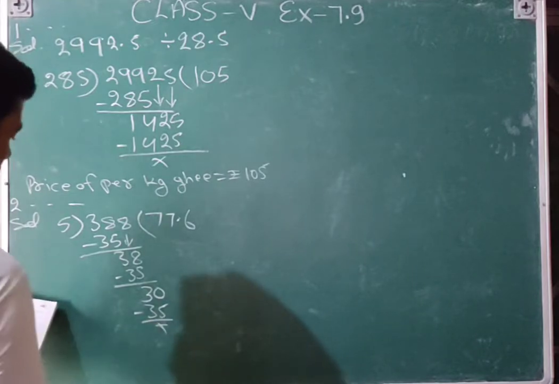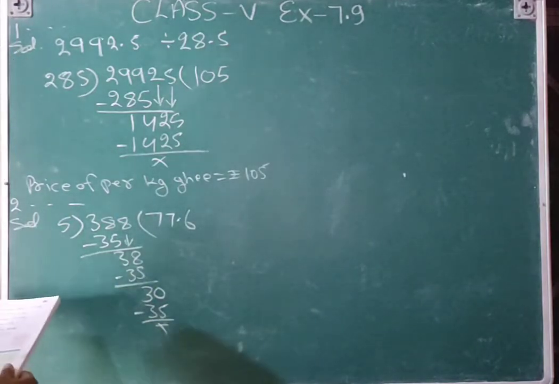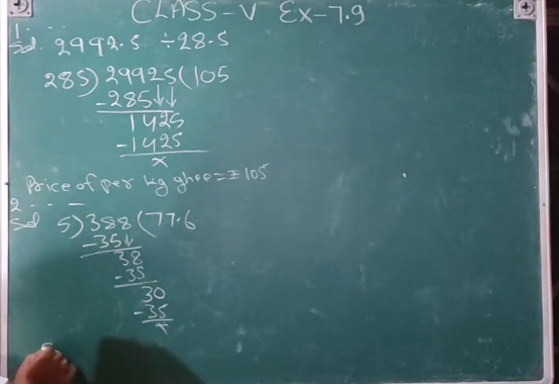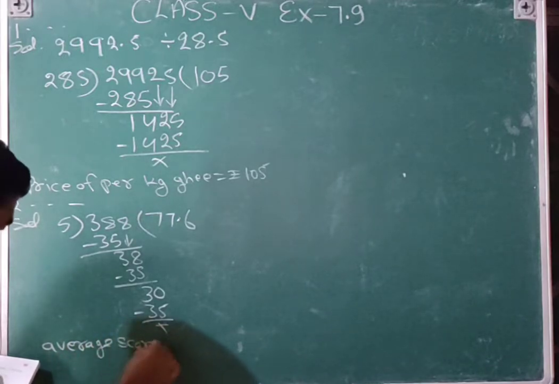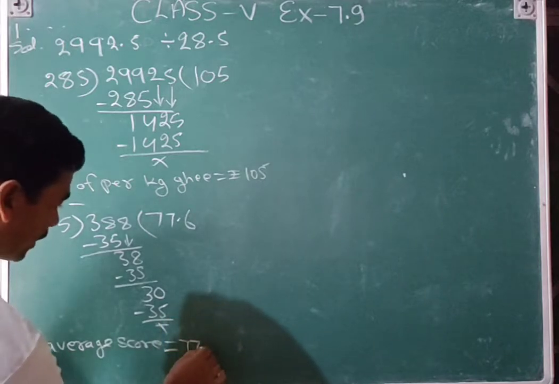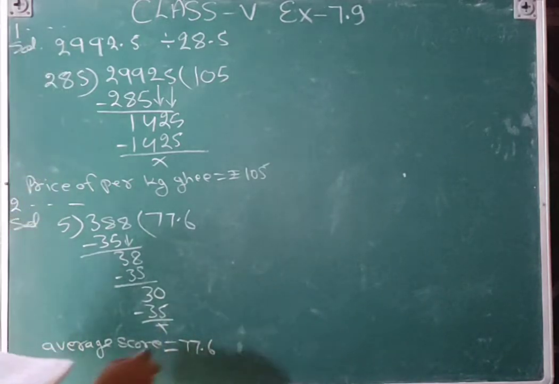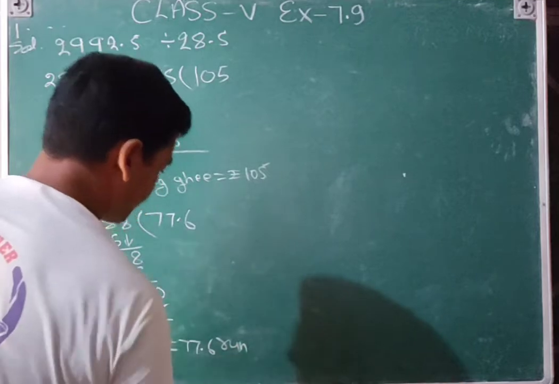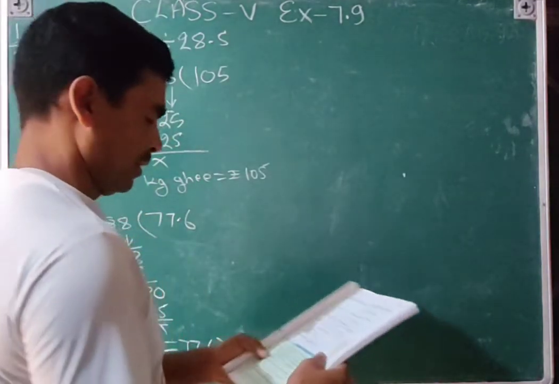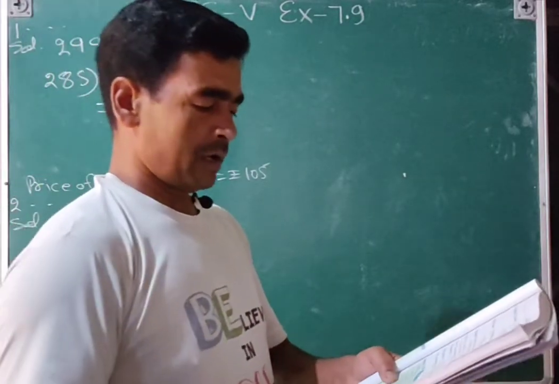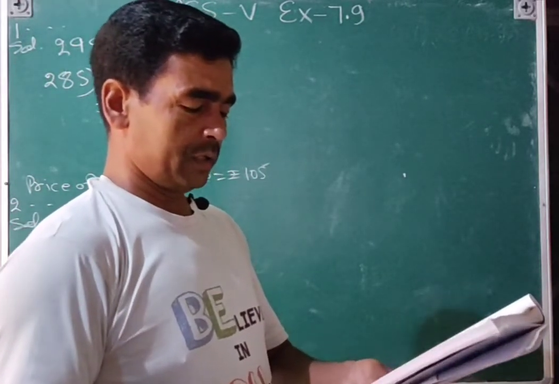Now remainder 0. So average score is equal to 77.6 runs.